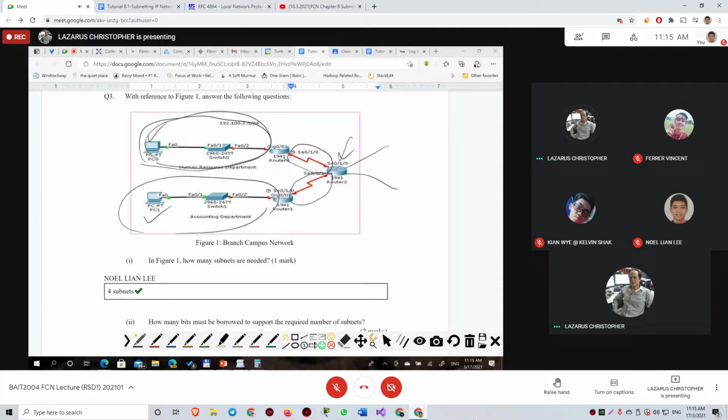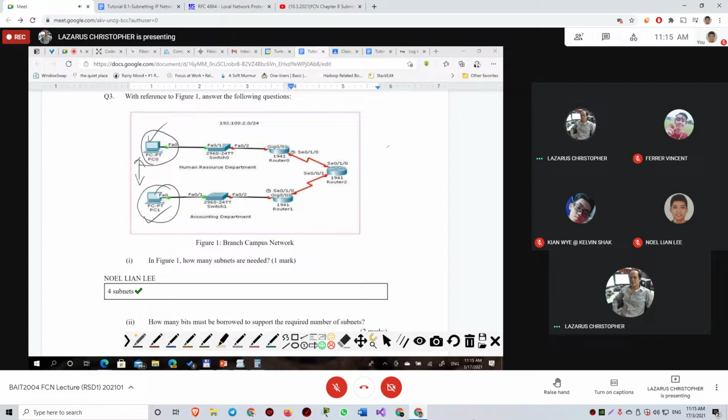But the moment this host needs to communicate outside, let's say to this host, it needs to go through the router, because this router will forward it to this router, which will forward it to this router, and this router will deliver to the switch, and the switch will deliver to the PC, right? So that means you need to go outside of your own network.